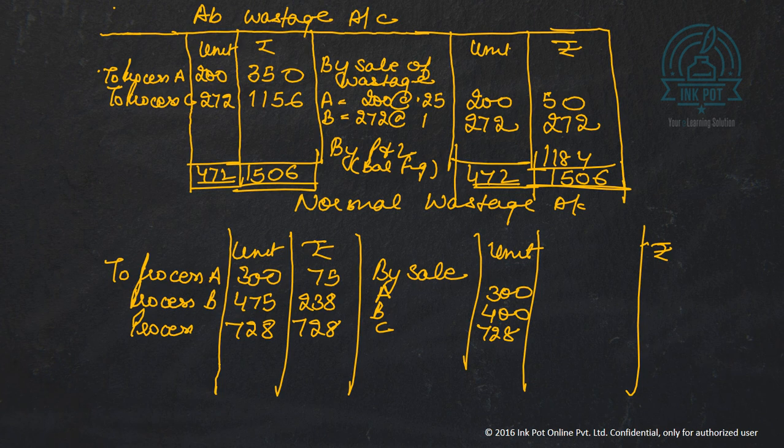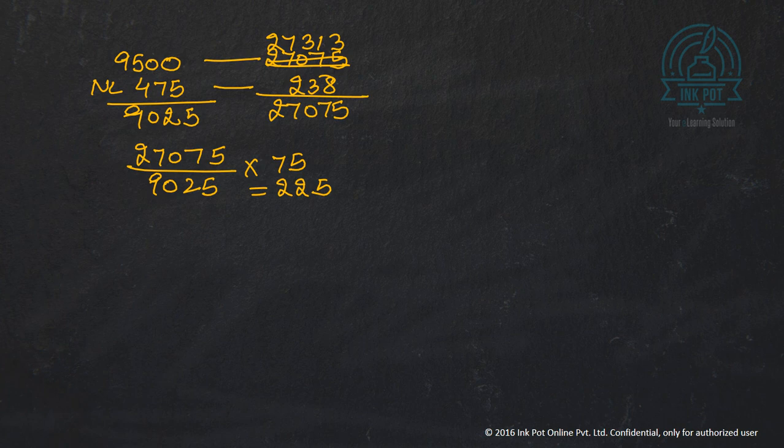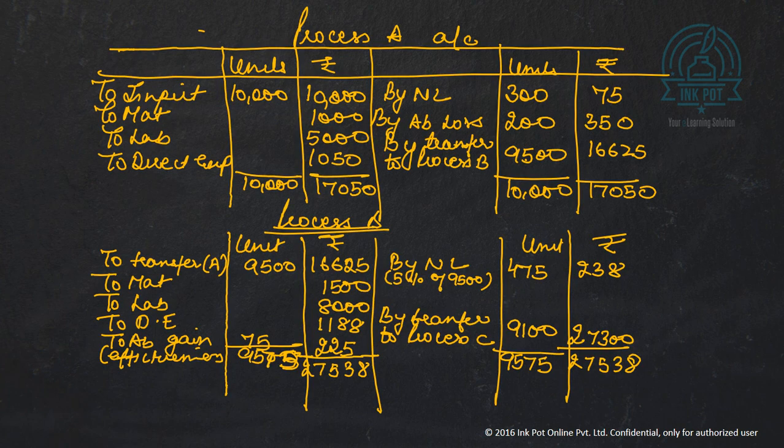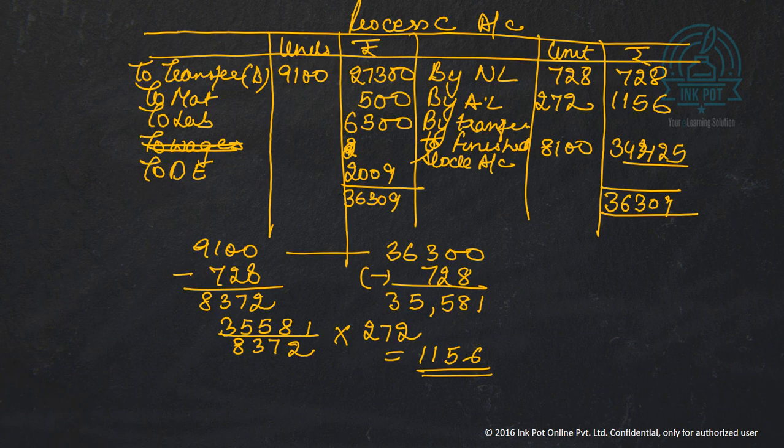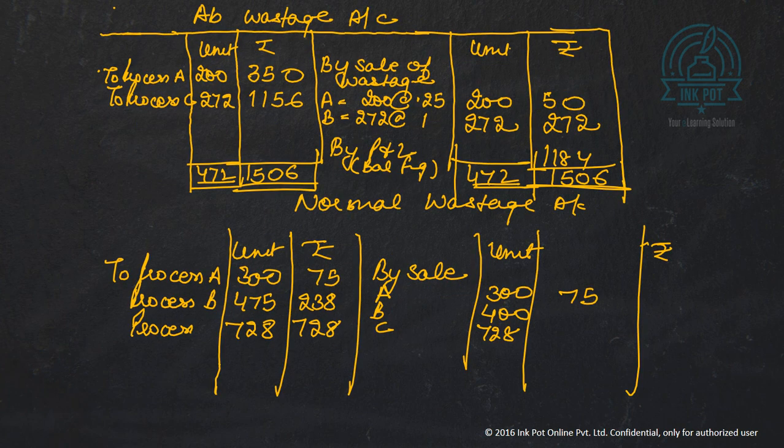Let us have a look at process B first of all. In process B, look here, we have 475 units as normal loss and 75 were abnormal gain. So net normal loss was 400 units. So I'm showing here normal loss as 475, and I'm going to adjust 400 units here, and 75 we can show separately, right?